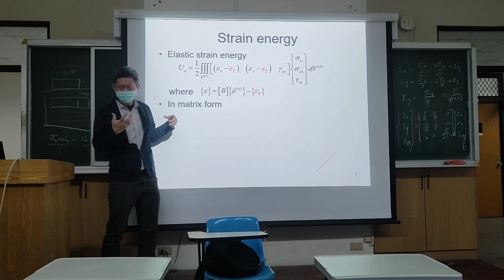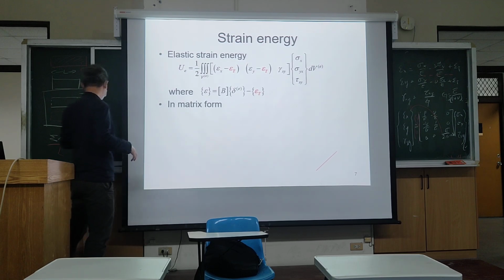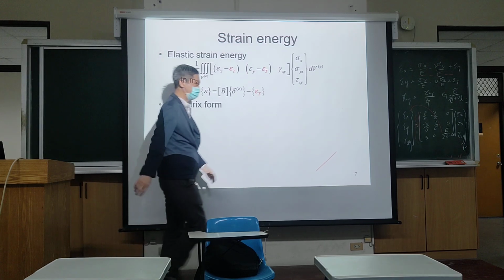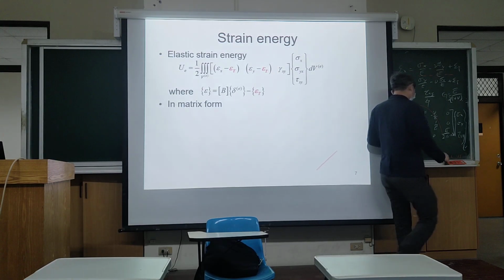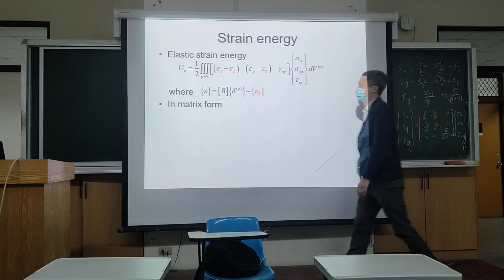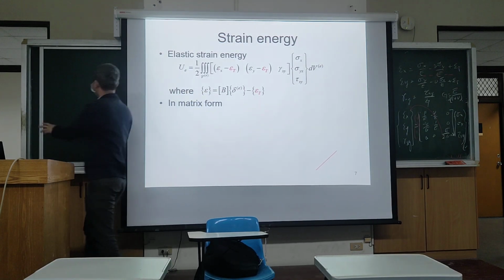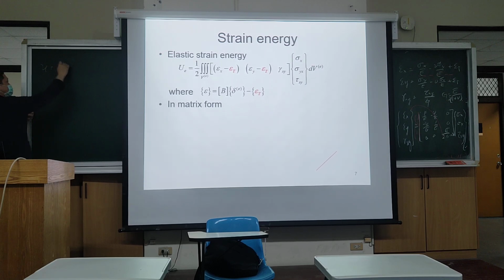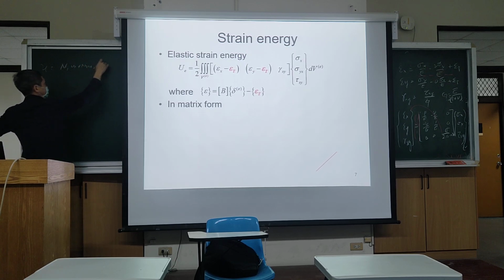Okay, we're going to recall what we derived before. Okay, if you're not sure, then you write how you define the strain. Okay, remember, you write your u to be shape function n1 u1 plus n2 u2 plus n3 u3.